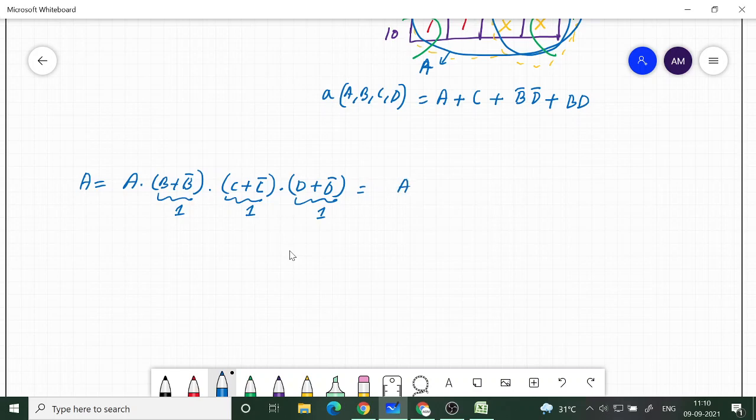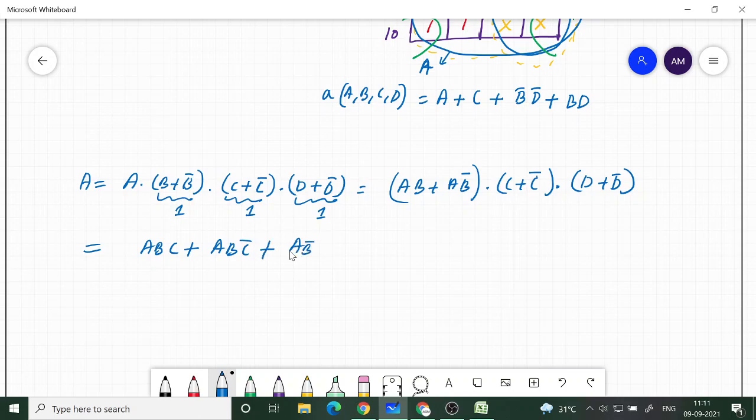Okay, if you are not convinced, you can expand it. First you distribute, so you will get AB plus AB bar, right? Then again you distribute, so ABC plus ABC bar plus AB bar C plus AB bar C bar. Again distribute.